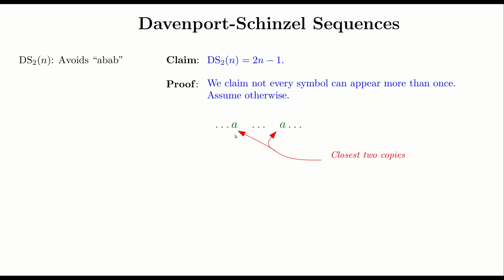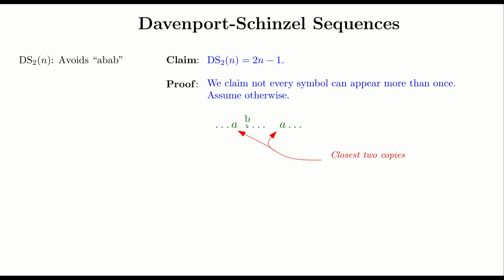Let's look at two copies of some symbol where the gap between them is as close as possible. Let's call such a symbol A. Since we know this is a valid sequence, there has to be at least one other character between these two copies of A. Let's call that character B.